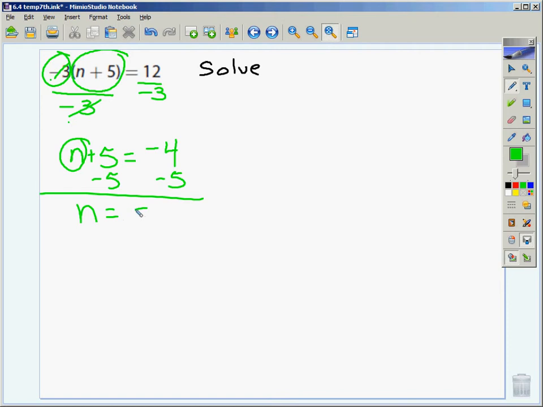It's going to make a larger negative. 4 plus 5 is 9. I'm not going to check this one for the sake of time. If I plugged it in, it would come out right. Negative 9 plus 5 would be negative 4. Negative 4 times negative 3 would give me a positive 12, and I can see that that's what I came up with.